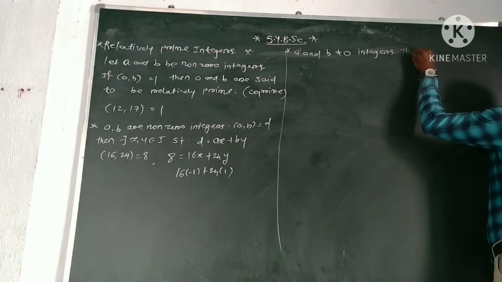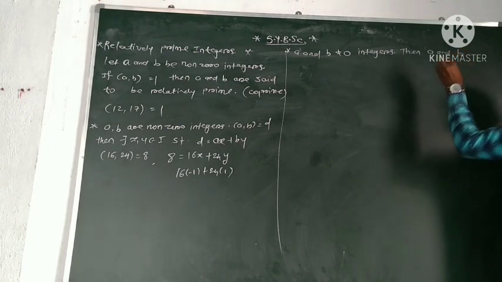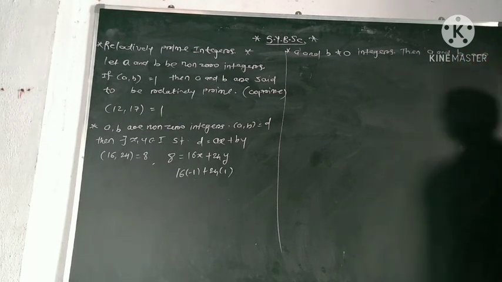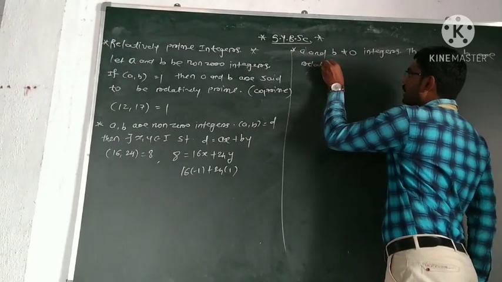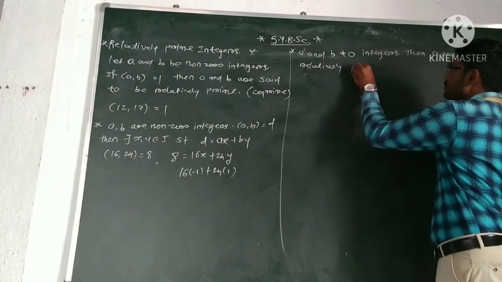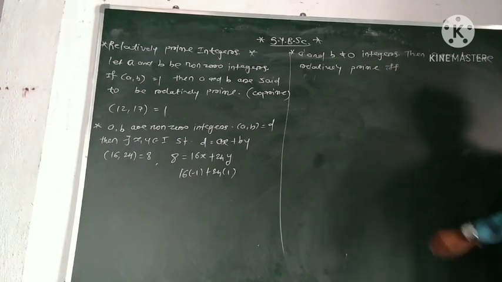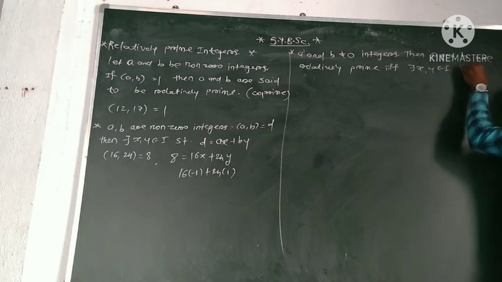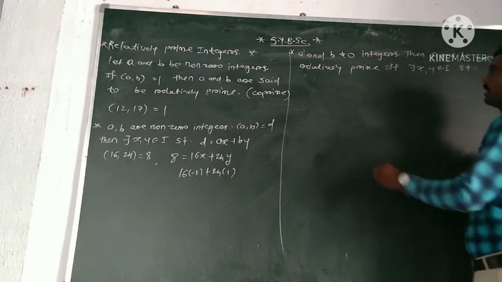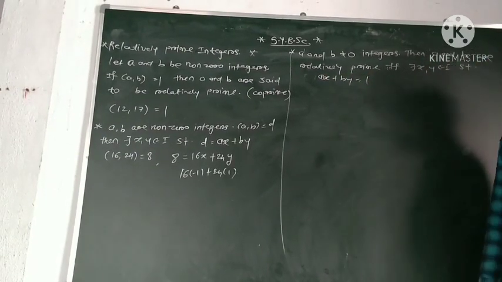Then the integers a and b are relatively prime if and only if there exist integers x and y such that ax plus by is equal to 1.